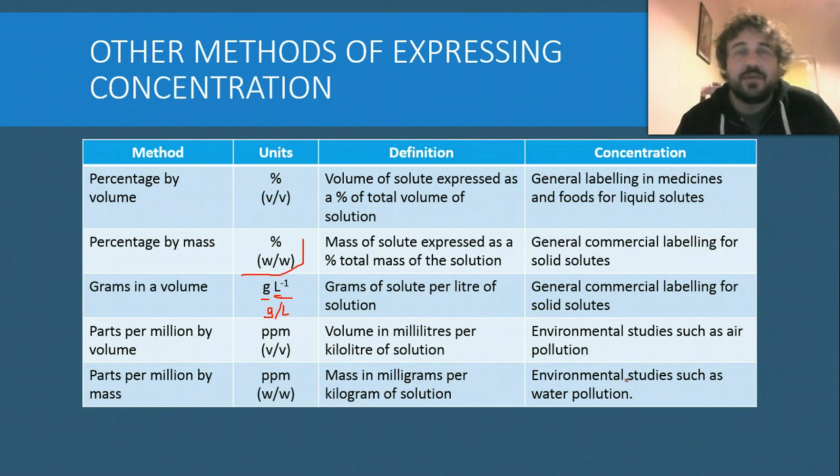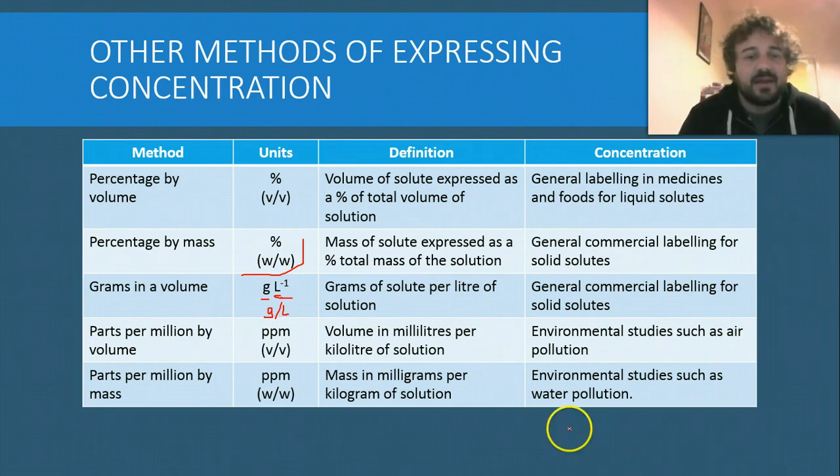But if we're talking about, I don't know, something else that goes in water, lead particles, etc., then we're talking about parts per million by mass. Again, it gets confusing here because we go mass, weight, but you get the point. You know what it is.